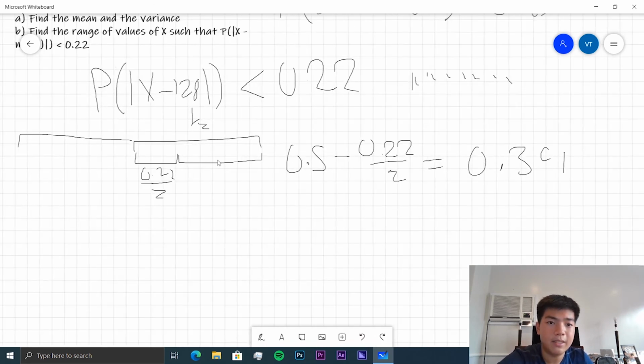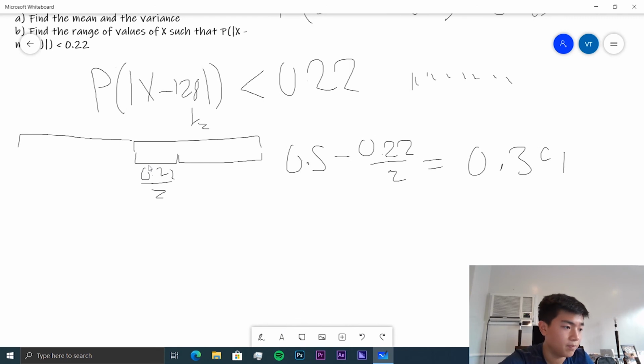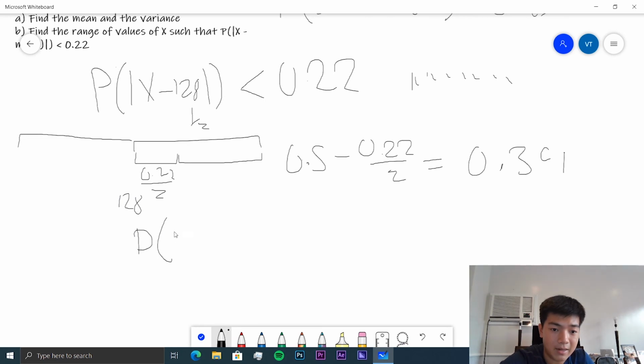And now we need to limit this range so that this is equal to 0.39, and this is 0.22 over 2. Of course, the middle value will be 128. So the probability that x will be less than a needs to be equal to 0.39.